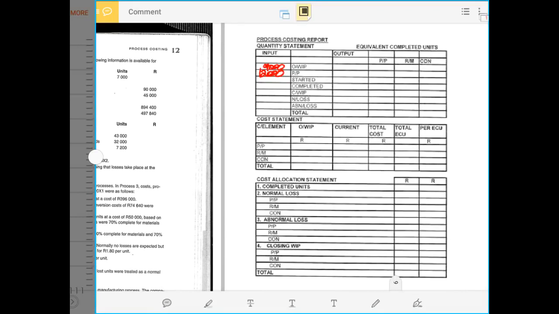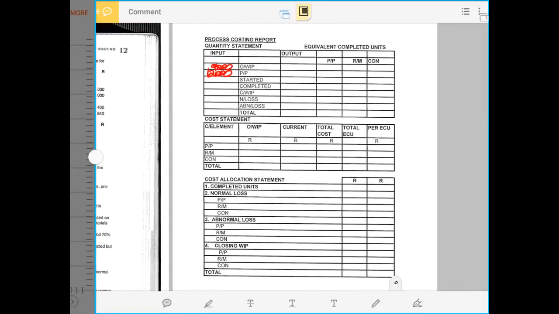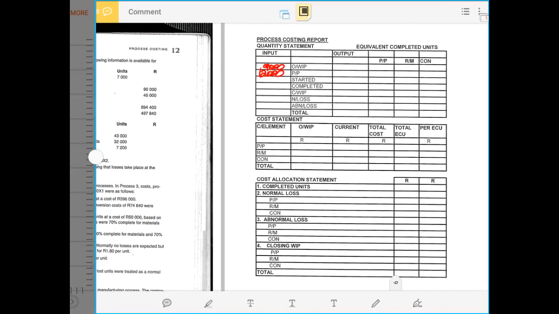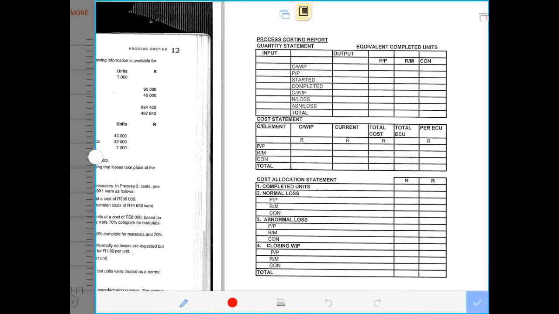Then we go to the next one, and let me just use a smaller ink so that everything is a bit visible. So now that means we'll have 9,000 here, and here we'll have 12,000.